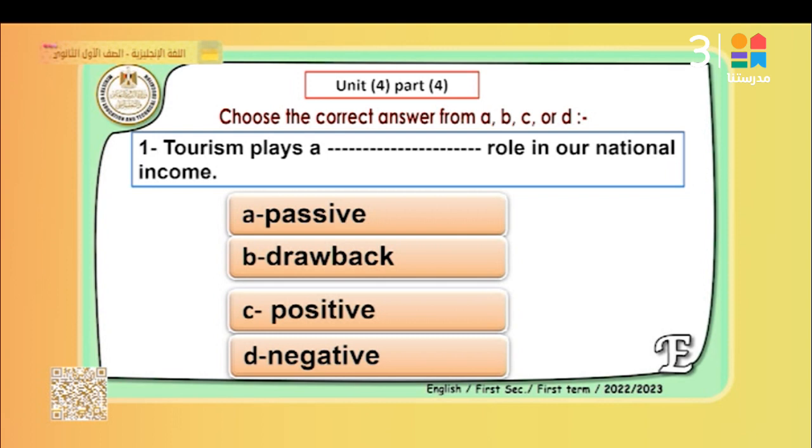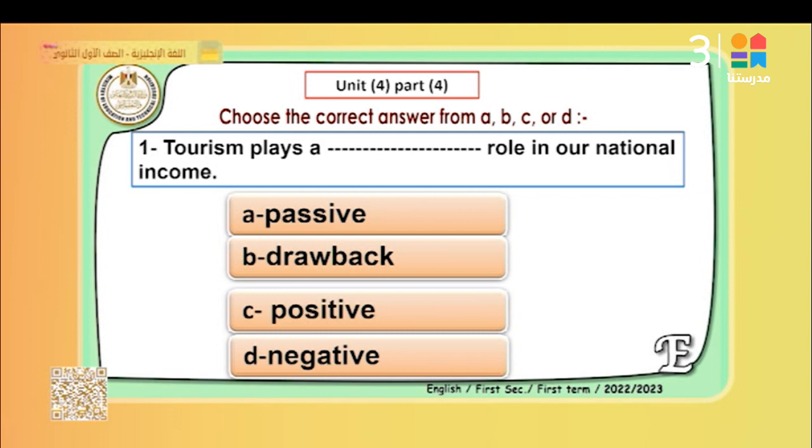Now let's have some exercises on the vocab which we met in Unit 4. Question number 1, tourism plays a role in our national income. Do you remember the word role? معناها دور. So tourism plays a passive role, drawback role, positive role, or negative role.